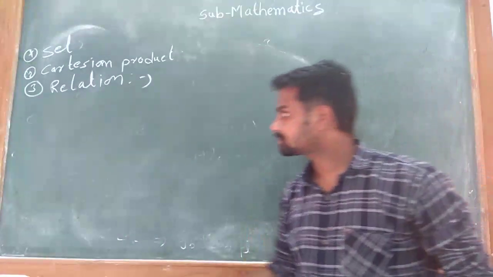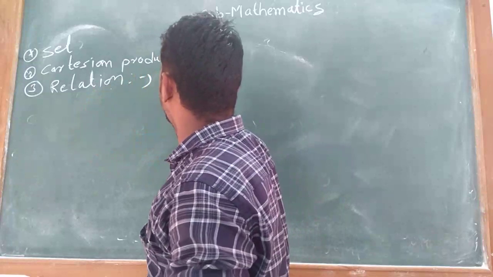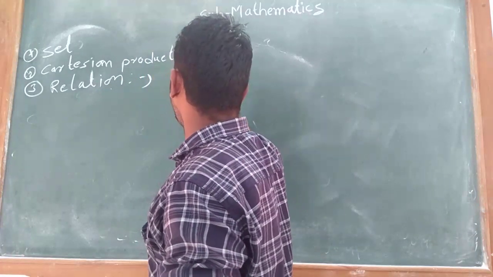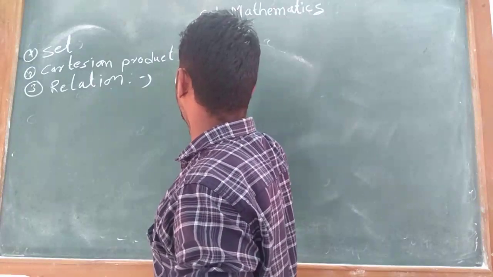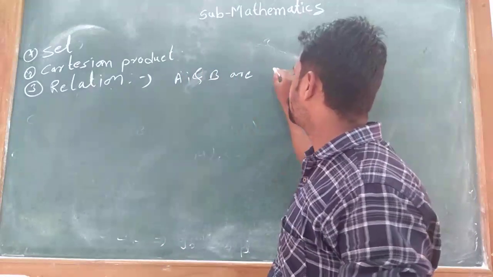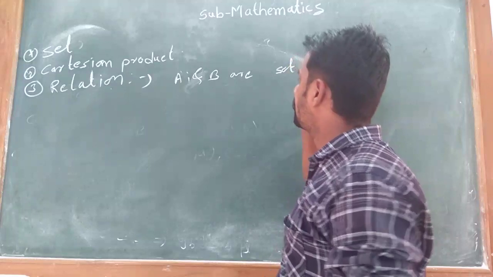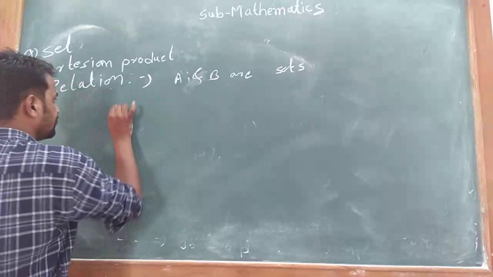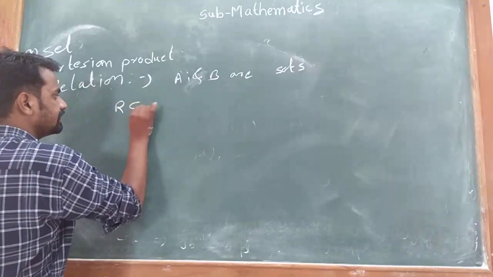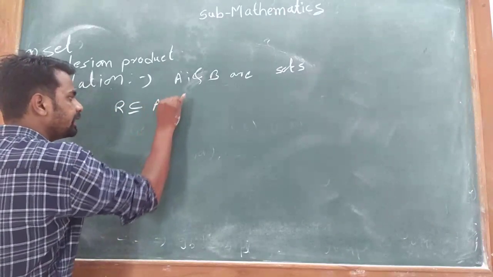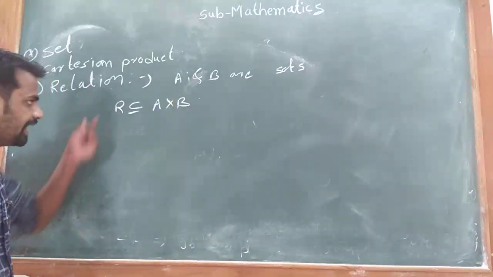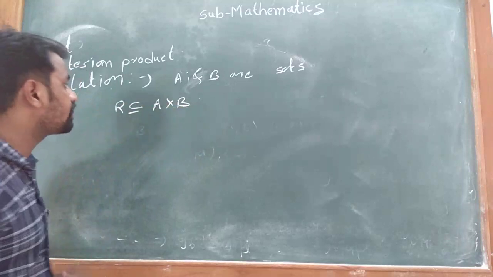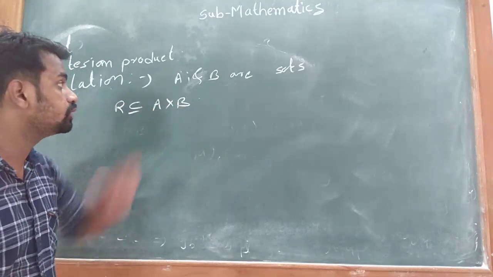Let A and B be non-empty sets, and let R be a subset of A cross B. If R is any subset of A cross B, then R is called a relation from A to B.